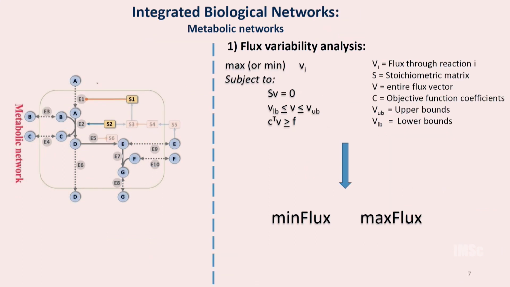So we started by looking at metabolic network analysis and saw that there's a standard way of solving this problem called flux variability analysis or flux balance analysis. We said, okay, we'll start with flux variability analysis and get the minimum flux and maximum flux which can go through different reactions in these metabolic processes under particular conditions.